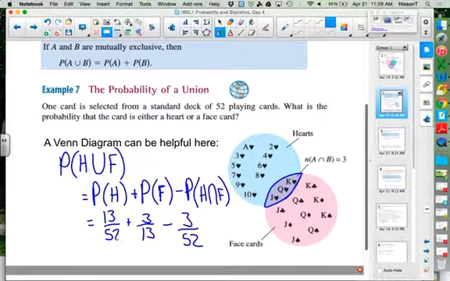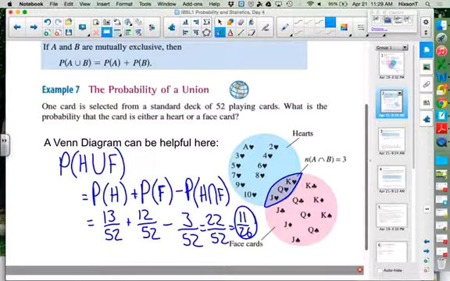So we'll put that back to 13 out of 52, and the face cards back to 12 out of 52. And that gives us 13 plus 12 minus 3, which is 22 out of 52, which is 11 out of 26. So there's our probability of getting either a heart or a face card.